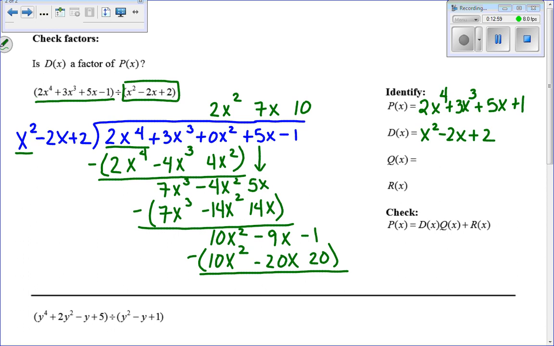Okay, you should end up with 11x minus 21. Okay, we don't have any other values to divide out, so 2x squared plus 7x plus 10 is my quotient. And my remainder is 11x minus 21.